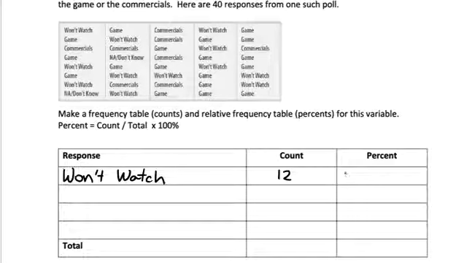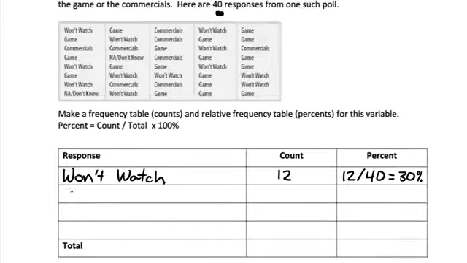So the count is 12. For the percent, I divide 12 by the total number of responses. I can either count how many there are altogether in the table, or sometimes the problem will just tell me the total. In this case, it tells me that there were 40 responses. So 12 divided by 40 is 30%.